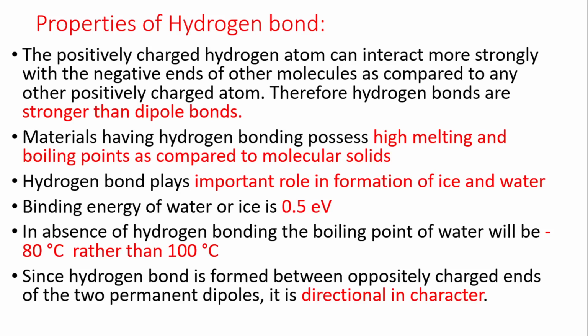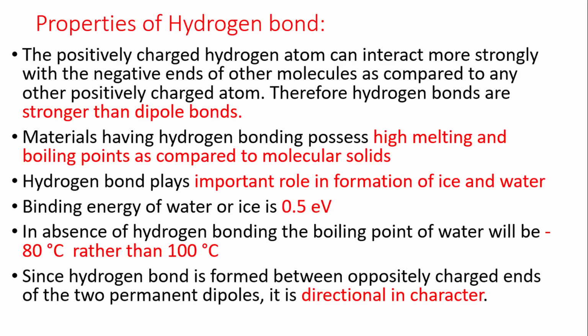The materials having hydrogen bonding thus possess high melting and boiling points as compared to molecular solids. Molecular solids are the solids possessing van der Waals bonds, and since the hydrogen bond is strong, materials with hydrogen bonding have high melting and boiling points. An important role of hydrogen bond is in the formation of ice and water.